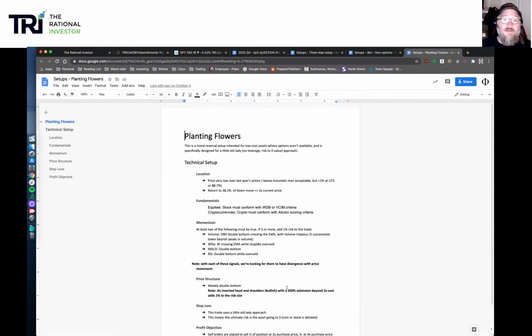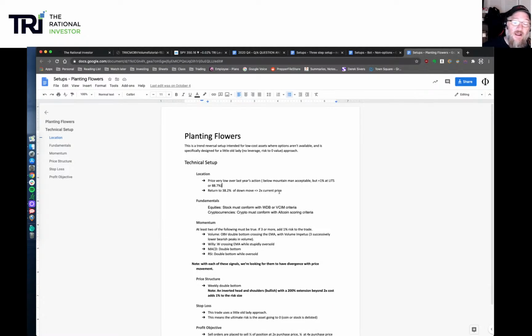With planting flowers, it's a little different. We are often exploring all-time lows. So what I want to see for location is that price is very low over the last year's action. Below Mountain Man is acceptable. I will add a 1% for my location if we're at the line in the sand or 88.7.